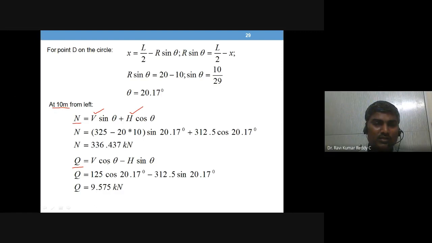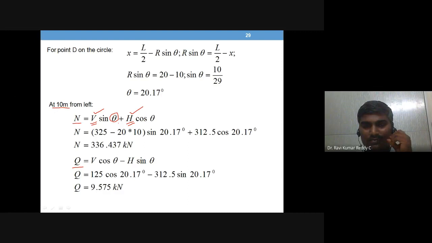In these two equations, to solve for N you need to know the vertical reaction, the horizontal reaction, and the theta value. Theta value of what?